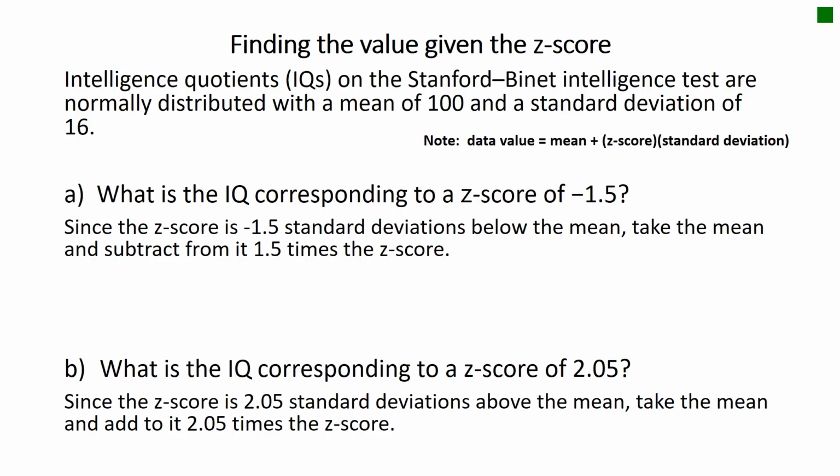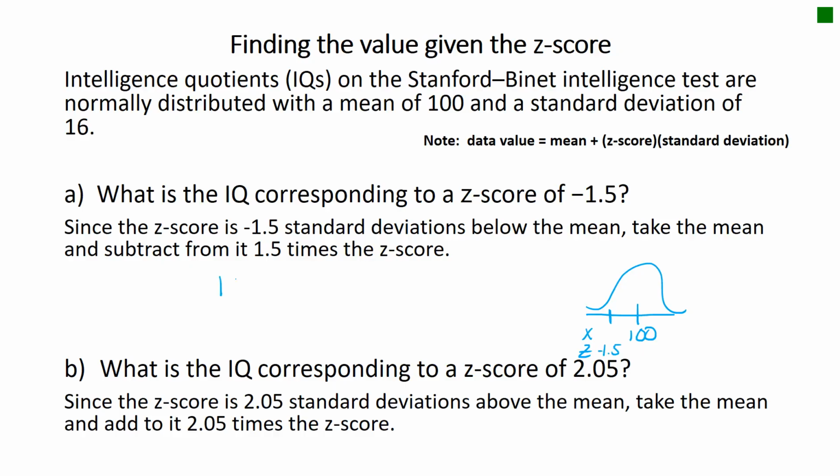Since the z-score is negative 1.5, that is 1.5 standard deviations below the mean. We know that the mean is 100, and our z-score is negative 1.5.